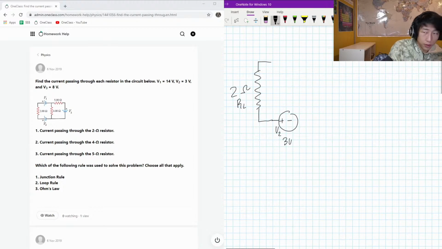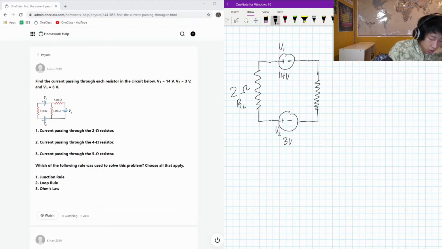Cool. Up here, we got another voltage source that's like this, plus, minus. And here is V1. And this is a larger voltage of 14 volts. Okay, cool. Here we have 4 ohms.